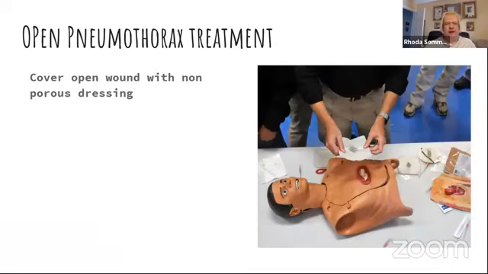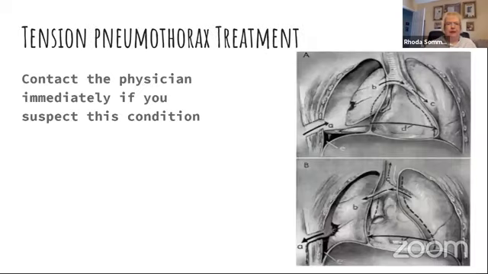So I'm going to talk specifically about an open wound, the open pneumothorax. The treatment for it is to cover that wound with a non-porous dressing. And again, they're probably going to have a chest tube, but this is in addition to that. And then last is the tension pneumothorax.